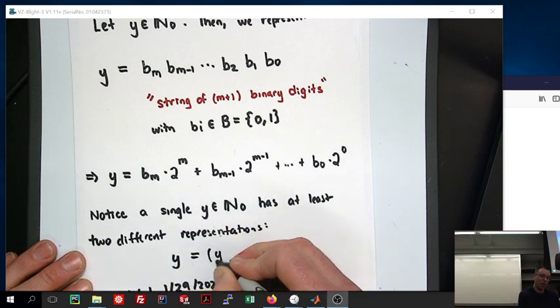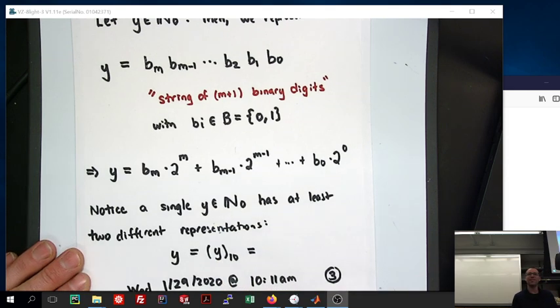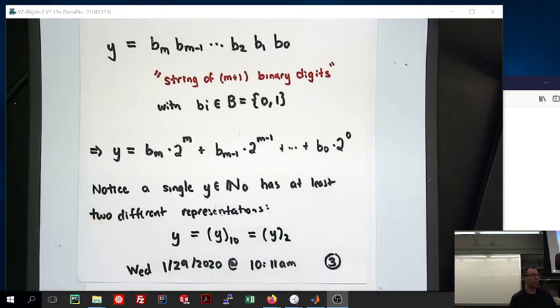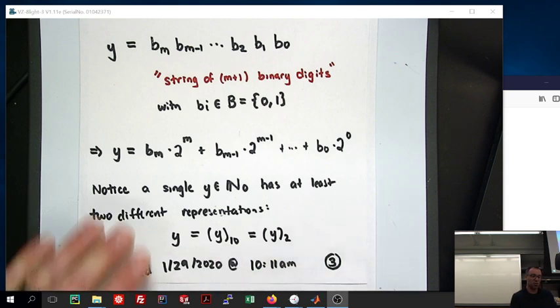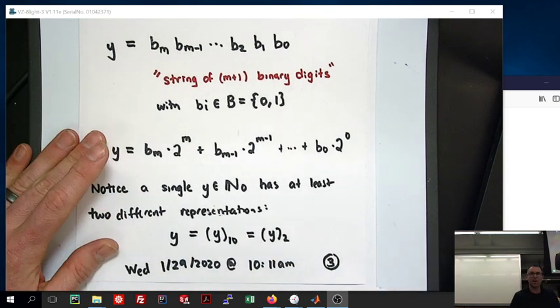What we call the decimal representation or the binary representation. For now, I'll distinguish what I mean. If I put a sub 10, could you guess what I mean? Radix is 10. If I put a sub 2, could you guess what I mean? Radix is 2.